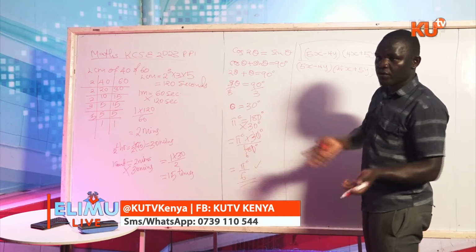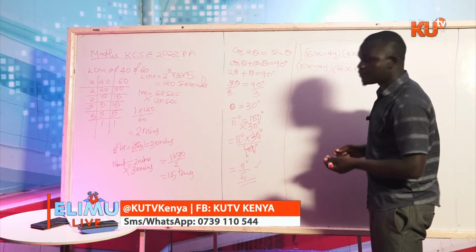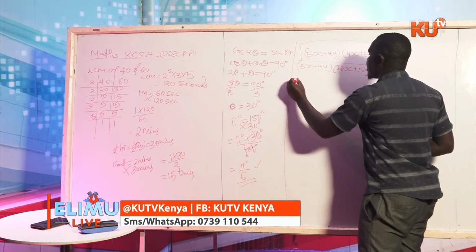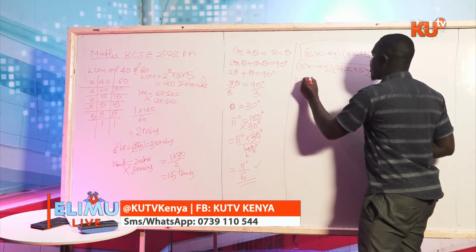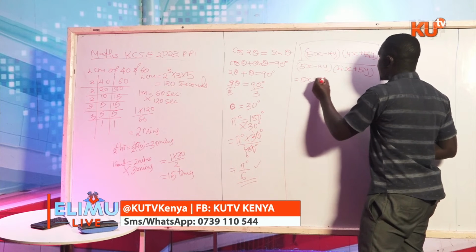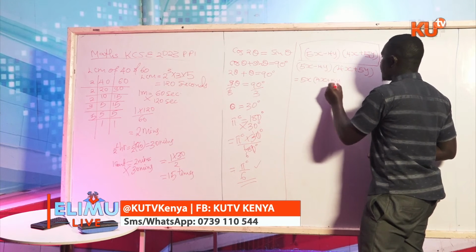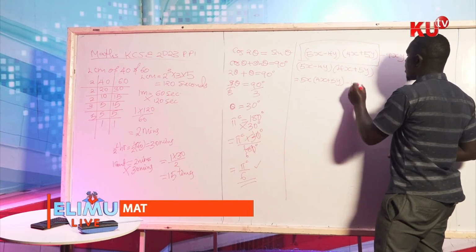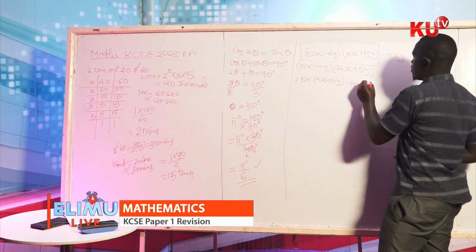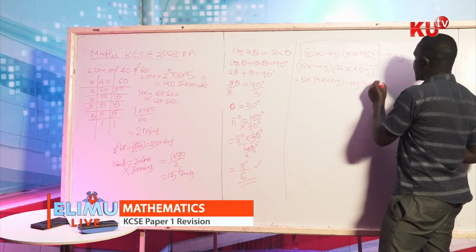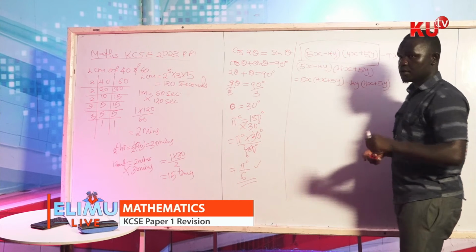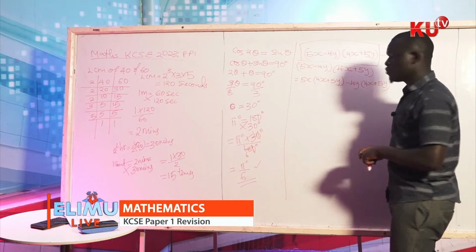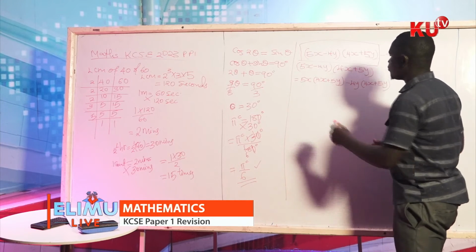Expand is the removal of the brackets. Now, this is normally done this way. It is now 5x into 4x plus 5y minus 4y into 4x plus 5y. That is the first step you have to do as a student.